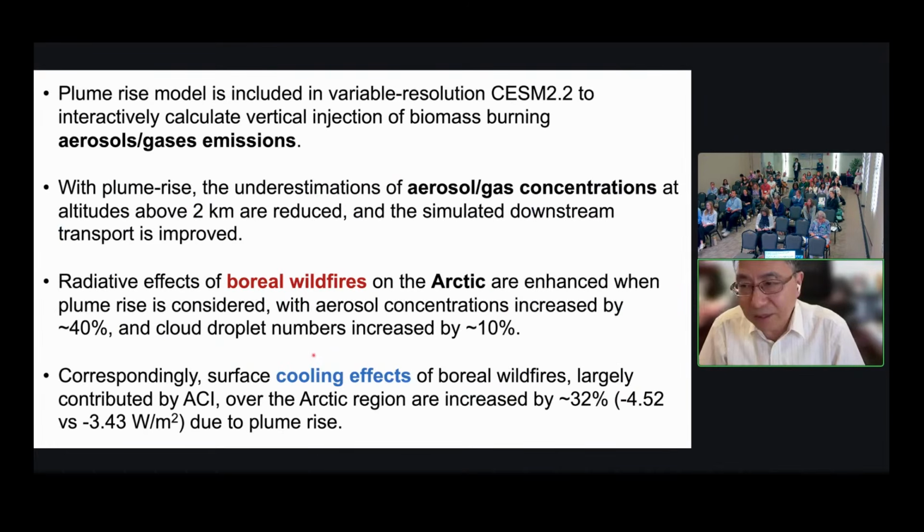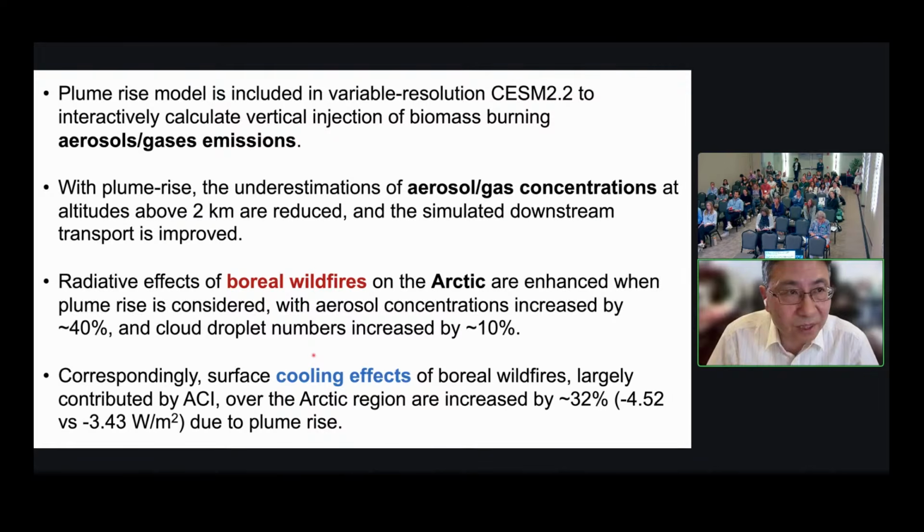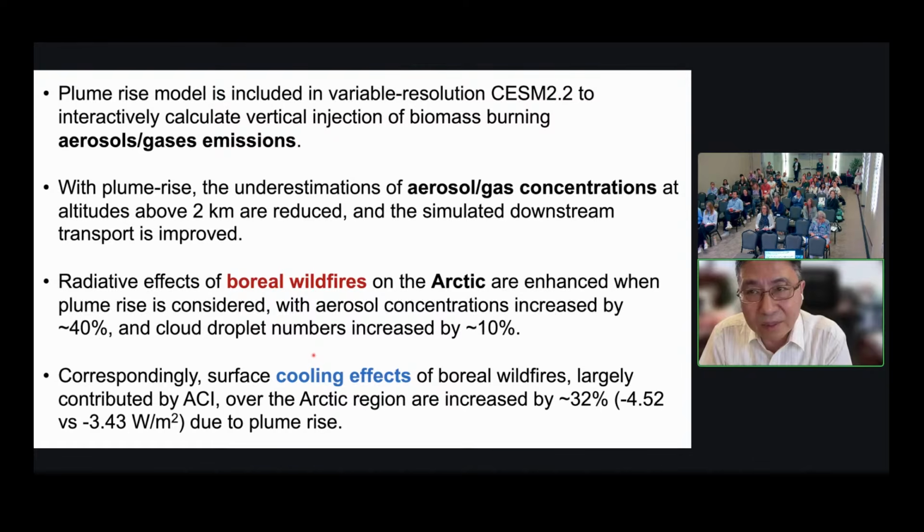So this is the summary. We implemented the plume rise model in the CESM, so we can interactively simulate the vertical injection of biomass burning aerosol and gases. With the plume rise model, they inject more aerosol and gases above 2 kilometers, which enables more transport of aerosol and gas into the Arctic, and can increase the aerosol and the droplet number concentration.